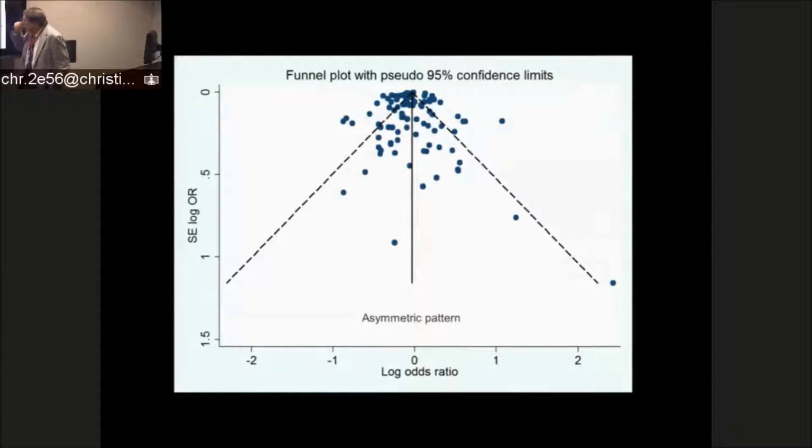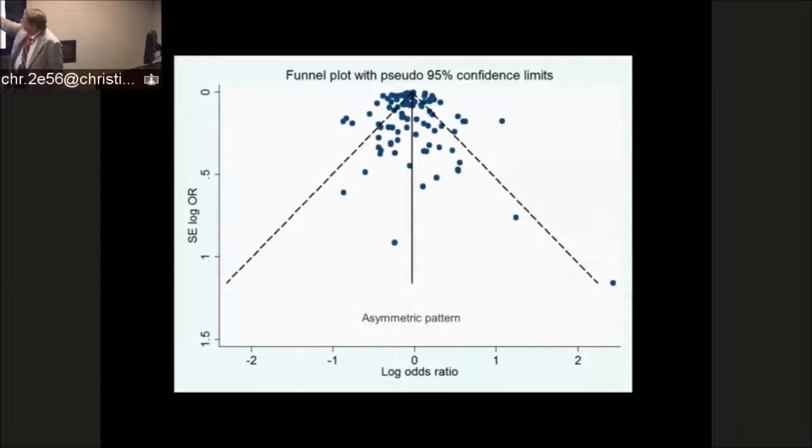What you want to see here is a symmetric pattern. The studies up here, with the smaller standard error, are the larger studies, because that's what standard error is based on. So you want all the large studies up here within the bounds, and down here will be the smaller studies.